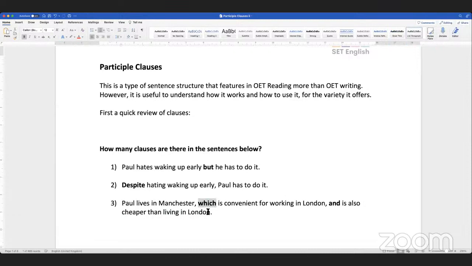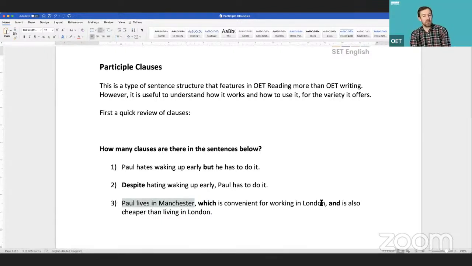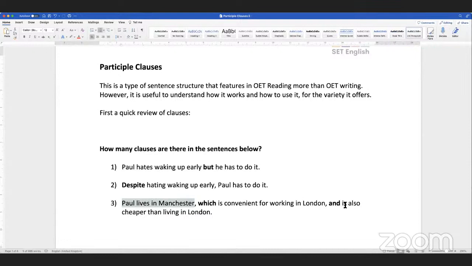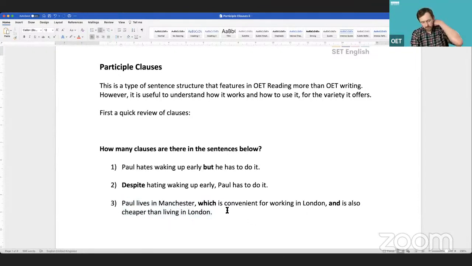No. It's the situation. The fact that Paul lives in Manchester, that's convenient for working in London. And it's also cheaper than living in London. So that's a pretty good sentence, isn't it? We've got a relative clause, we've extended it, all of the grammar's correct, everything's fine.